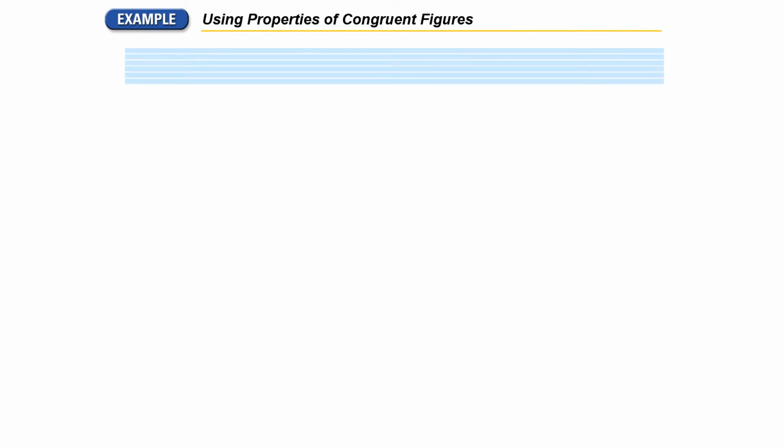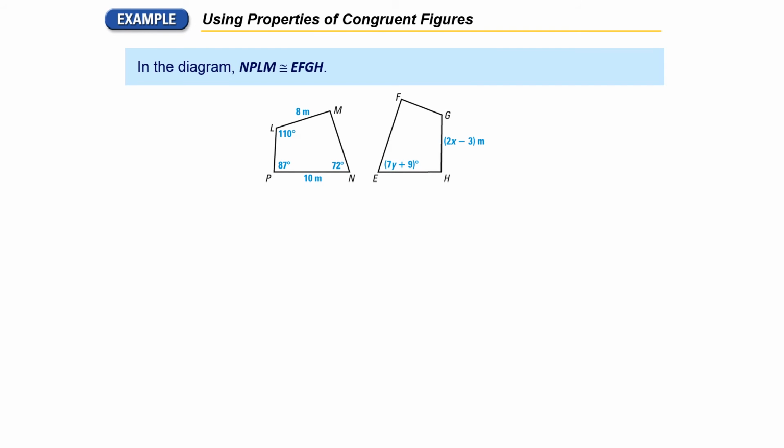Here's another example using properties of congruent figures. So you have the diagram, MPLM is congruent to EFGH. Now remember, it still works for others than triangles. We're going to find the value of x. So look for x on your picture. It's located at GH.